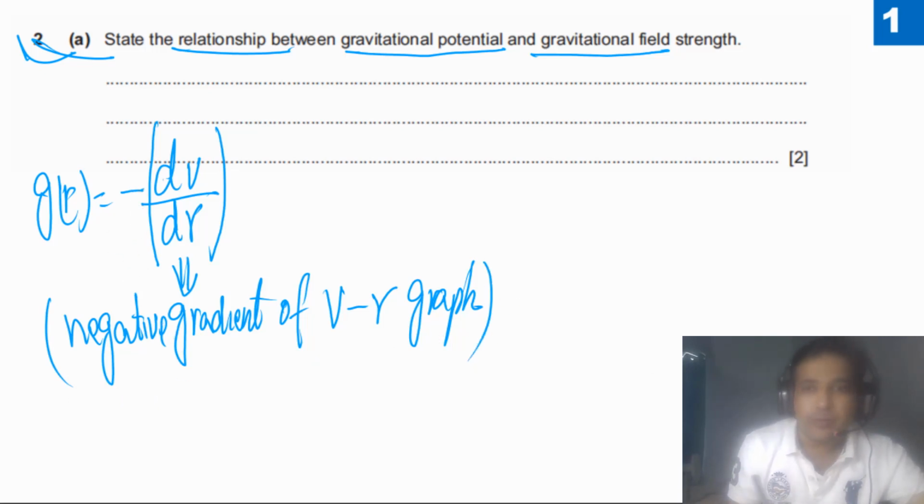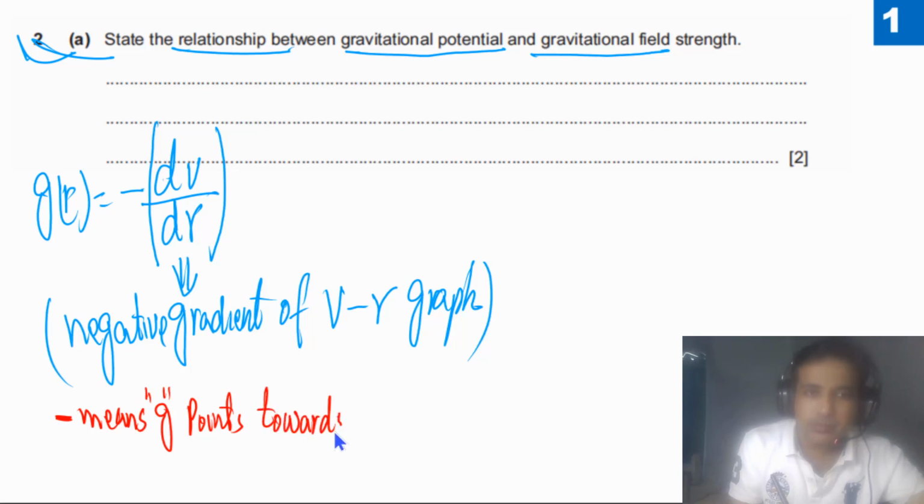And the meaning of the negative sign is very important. What is this negative sign telling us? It means that g points towards decreasing potential. Very important one.